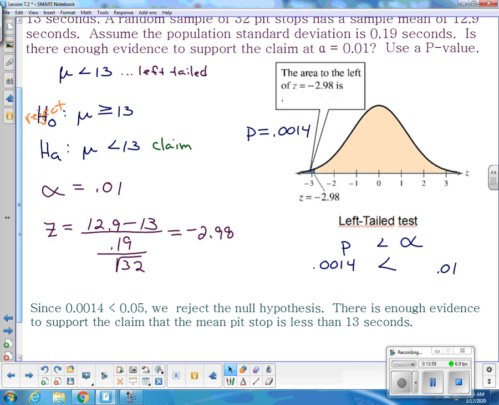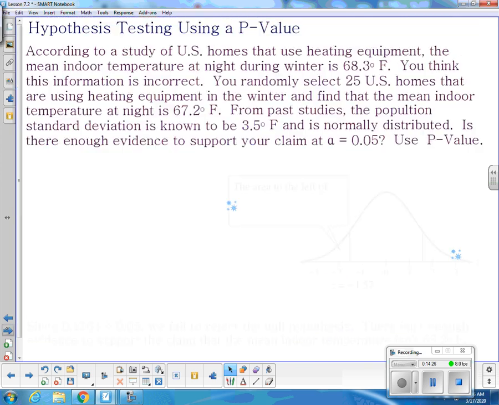You need to figure out your significance level, figure out your statistic from your z-score formula here, or the standard statistic formula. Then go to your chart, find out what your p-value is based on which area you're looking at. Compare it to your significance level, and then state whether you're going to reject the null or fail to reject it, and then what does that mean for your claim. Okay? Let's try another one.